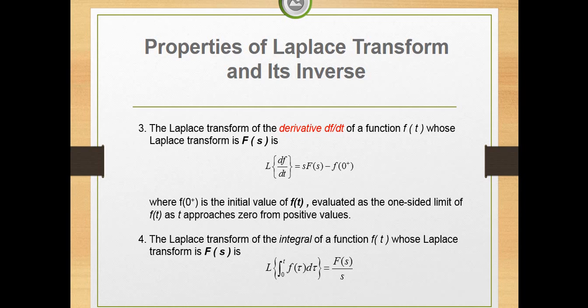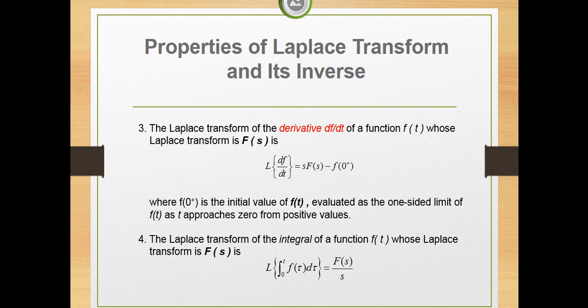So the fourth property of Laplace allows you also to get the Laplace transform of the integral of the said function. The limitation of this Laplace transform of integral is only for definite integrals which have limits 0 to t. If the limit of your integral is not from 0 to t, then you cannot use Laplace transform, or you cannot evaluate the Laplace transform of your given integral.